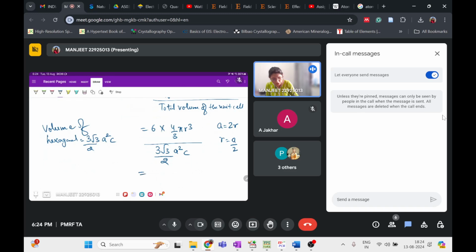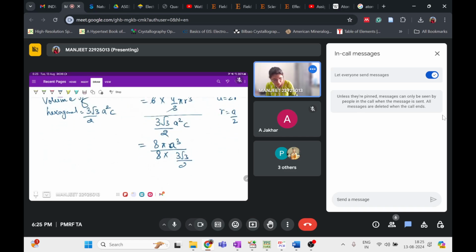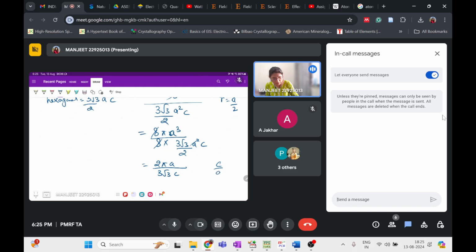If I substitute here, this will become 8 pi, this is a cube divided by 8, divided by 3 root 3 by 2 a square c. Okay, so 8 will cancel out. It will become 2 pi a by 3 root 3 c, and we also know that c by a is equal to root 8 by 3.